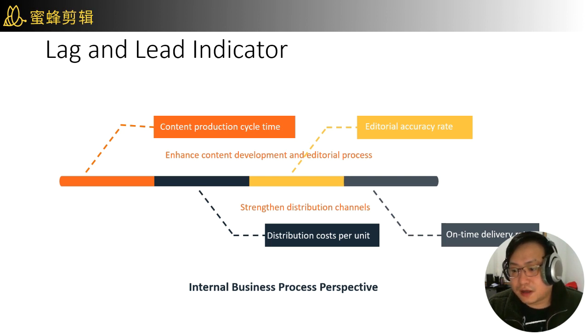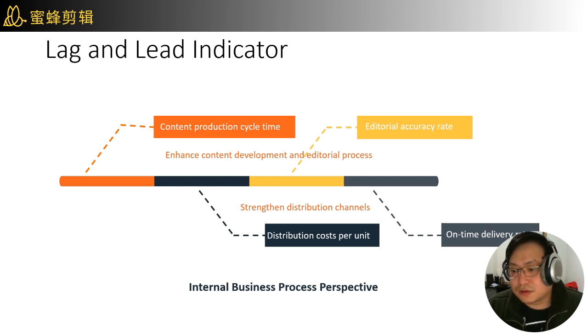This reflects efficiency in content creation and delivery. A lead indicator would be the accuracy rate of editorials, ensuring reliable and high-quality news articles.